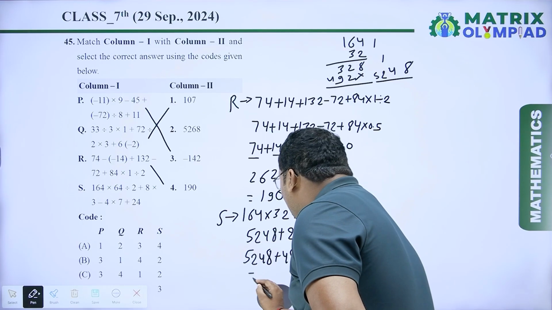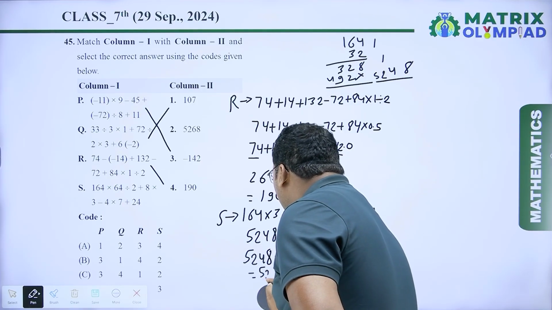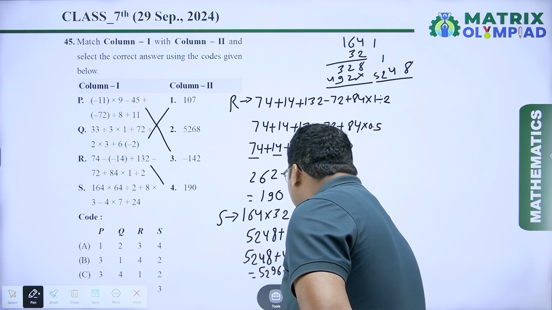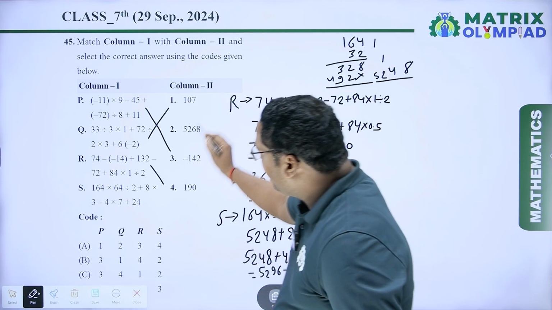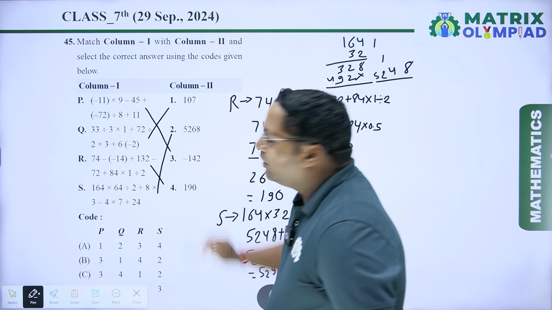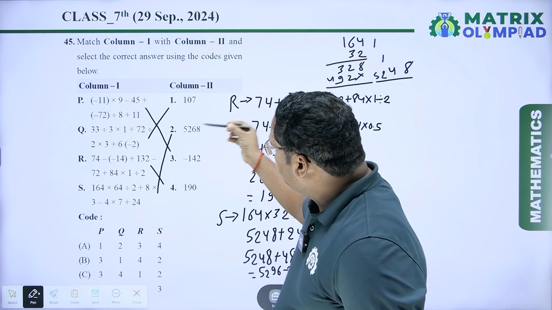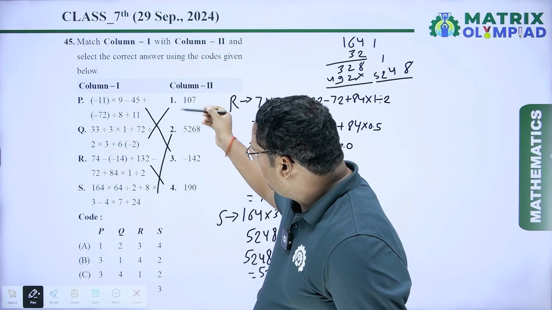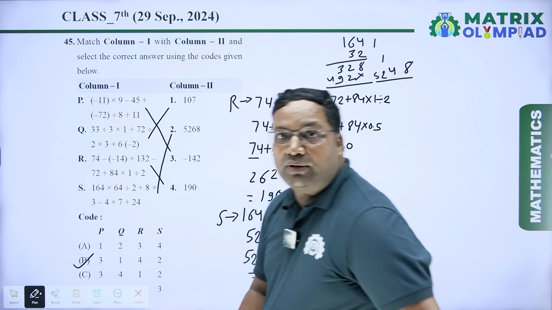Now we have to solve this. 5248 plus 48 is 5296 minus 28. Subtract from this, so we will get 5268. So second is correct. Option number B is correct.